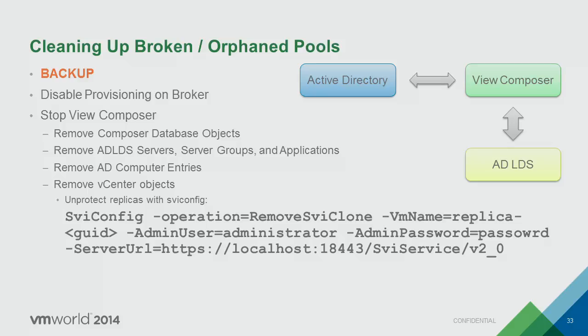But if you've ever had to do this before, you'll know that you can't just go remove some of these VMs, because if it's tied to a replica, and if we need to remove that replica, we'll need to unprotect it. So this is a great operation. It's good to know in your toolchest: SviConfig unprotect. When we need to go unprotect the virtual machine for the replica so that we can delete it. If you try to right-click and delete it, it's not going to work.